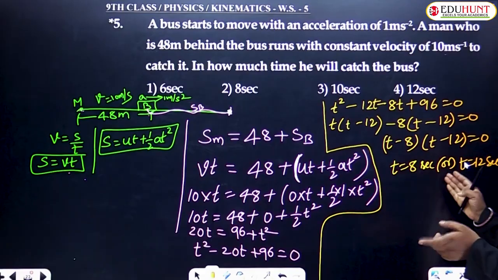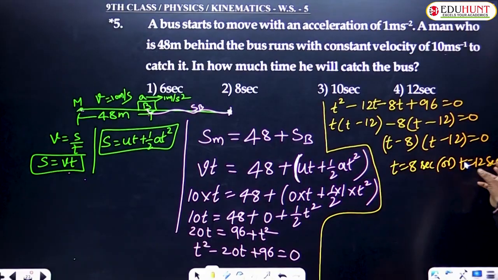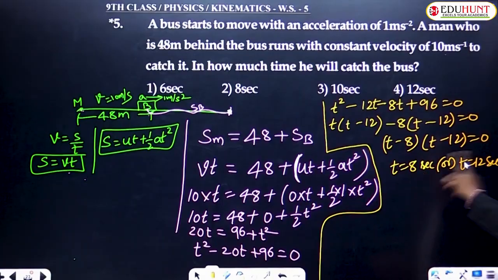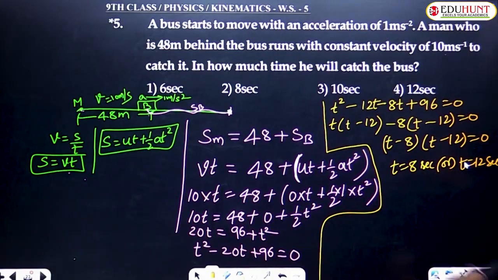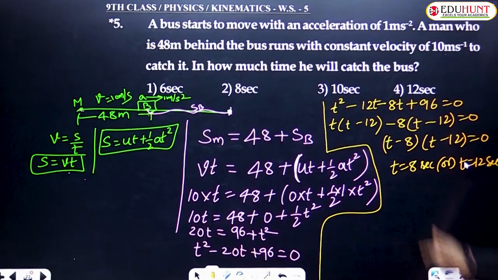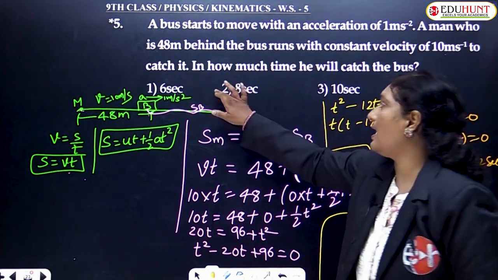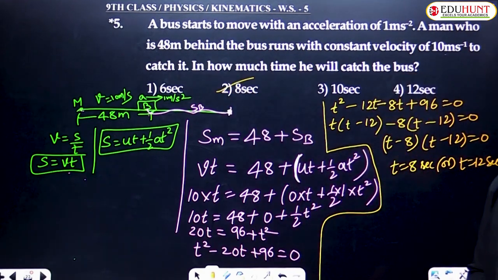And if you get time as negative values instead of 8 and 12, never take negative values of time, as time will never be negative. Whatever is the lesser value, you have to consider that only. So how much time does he take to catch the bus, children? 8 seconds. So here goes your answer, 8 seconds.